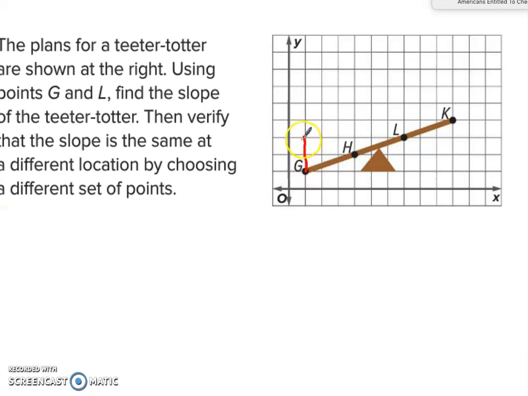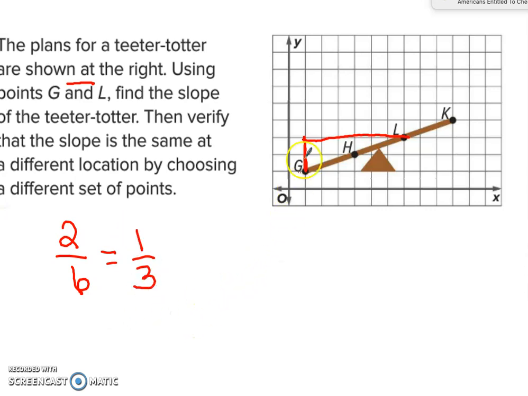Find the slope. So G to L. The rise would be 2. My run would be 1, 2, 3, 4, 5, 6. Okay, which reduces down, we know, to 1/3.